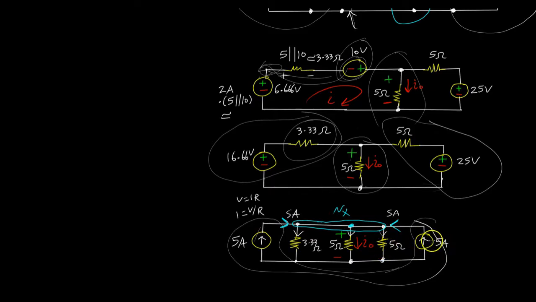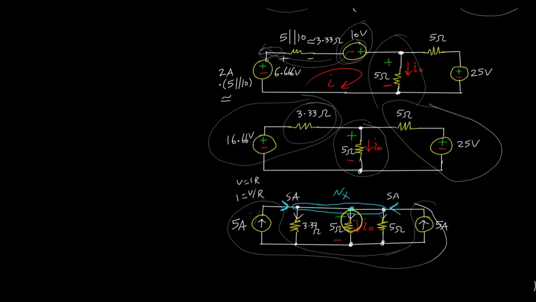And so if I simply move this guy to the very left here near the other source, or vice versa, I haven't really done anything differently. Let me simplify this once more. I have some node here, Vx. Right now I have 5 amps flowing this way, 5 amps flowing this way, and some mystery current, and the sum should be 10 amps, if the assumption is correct for the direction.